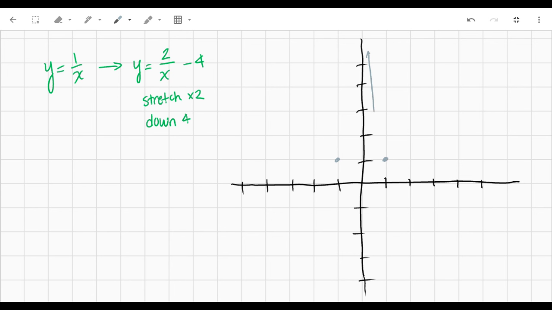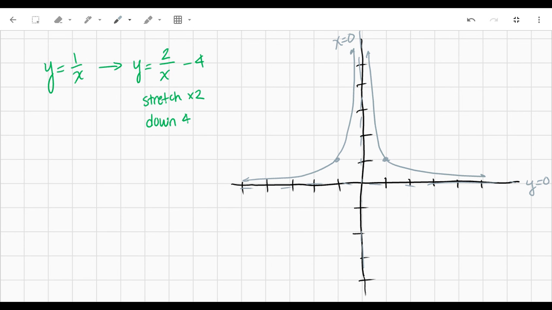Okay, we've got the curve that looks like this. And we've got the asymptotes that are your axes. Okay, so the asymptote at y equals 0 and the asymptote at x equals 0.